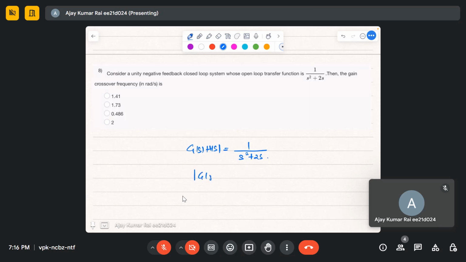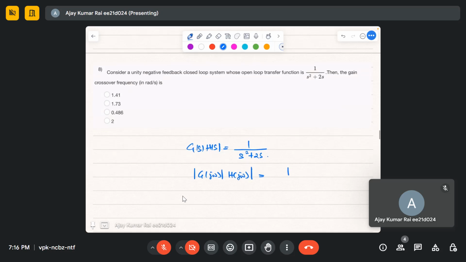So what is the magnitude? So directly I'm writing it. Okay, so if you put here j omega, let me not skip that step.